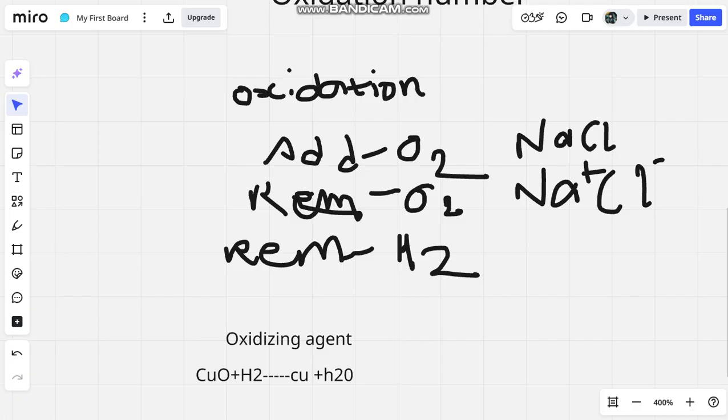Oxidation is the part of a reaction which involves addition of oxygen or electronegative species, or removal of hydrogen or electropositive species. Reduction is the part of a reaction which involves addition of hydrogen or electropositive species, or removal of oxygen or electronegative species.